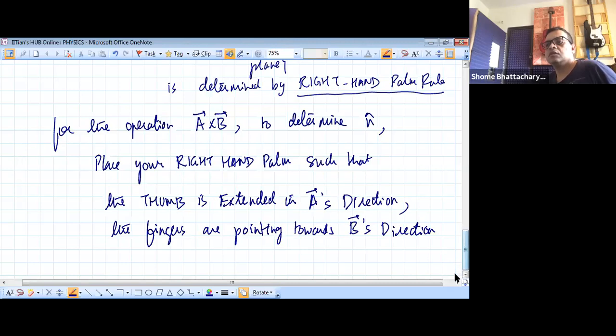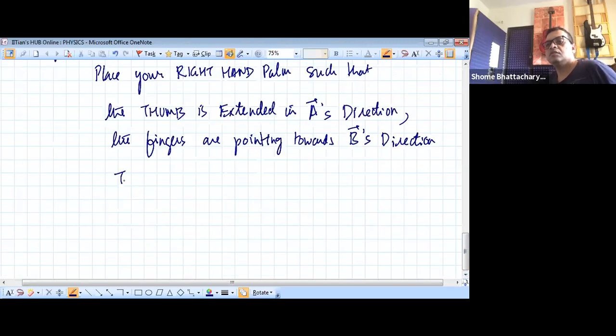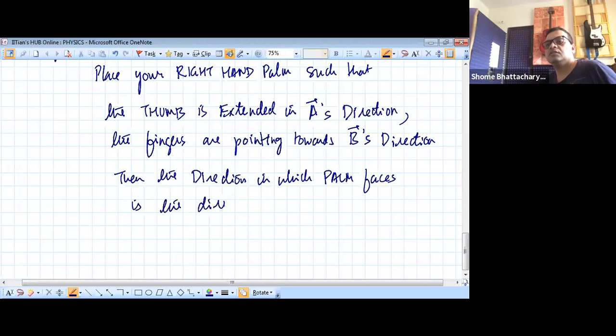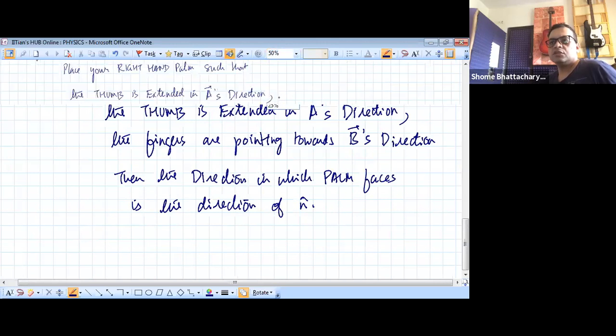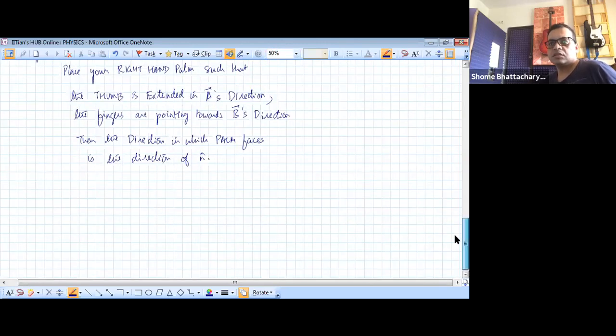Then the direction in which the palm faces is the direction of n cap. Okay. So just before you note this down, just go through this statement once.